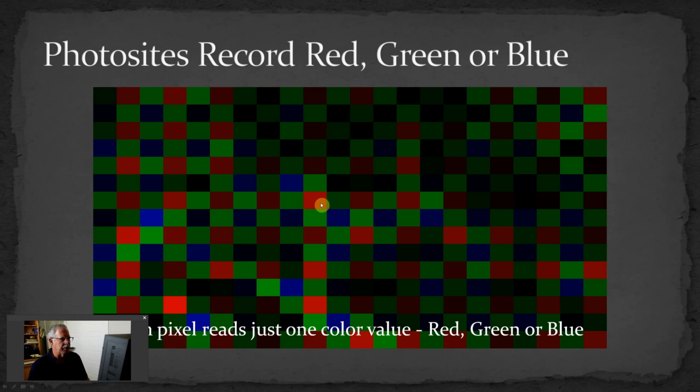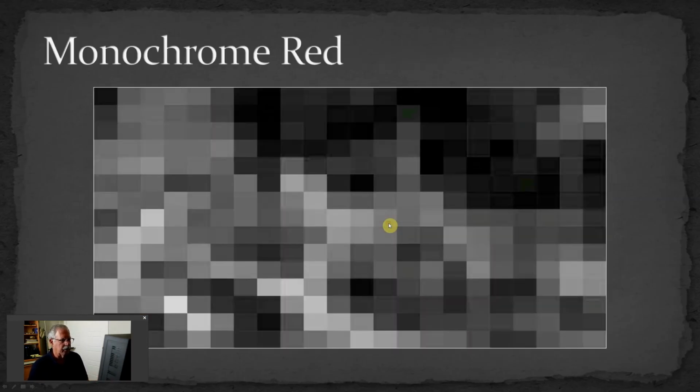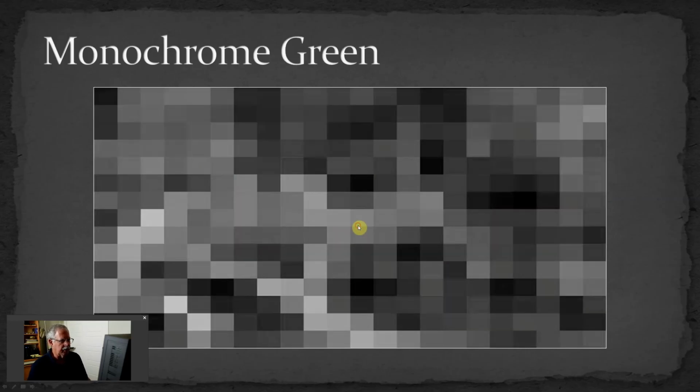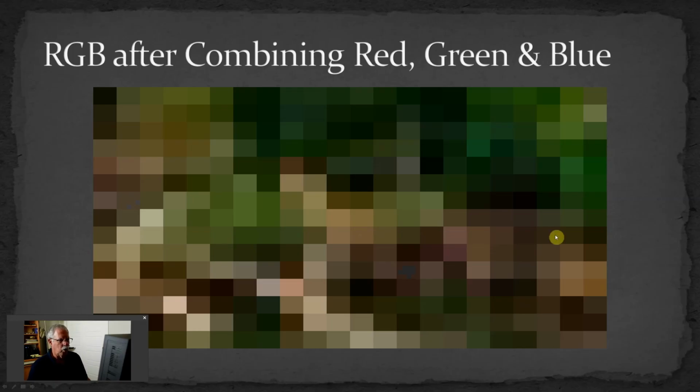So after demosaicing, you change this mosaic of reds, greens, and blues into an RGB image that has red, green, and blue values for each pixel. And now you have a full color image. It's combining the red, the green, and the blue all into one red, green, blue image.